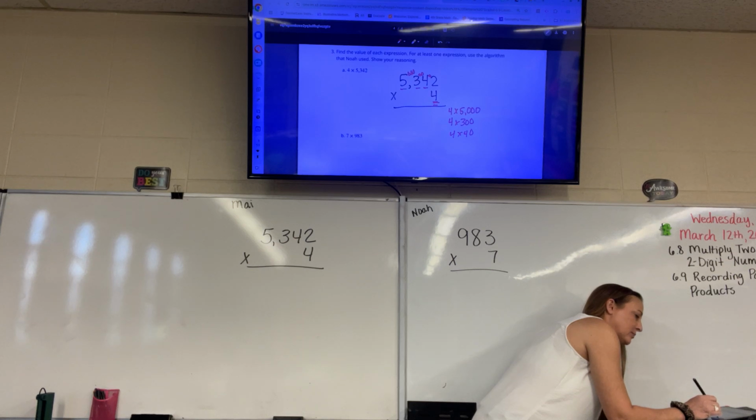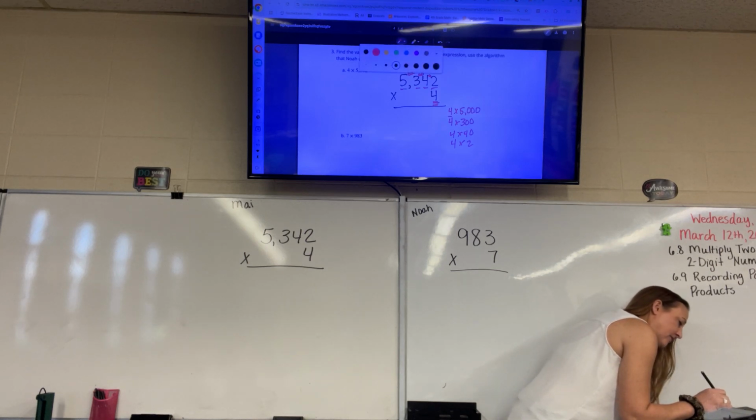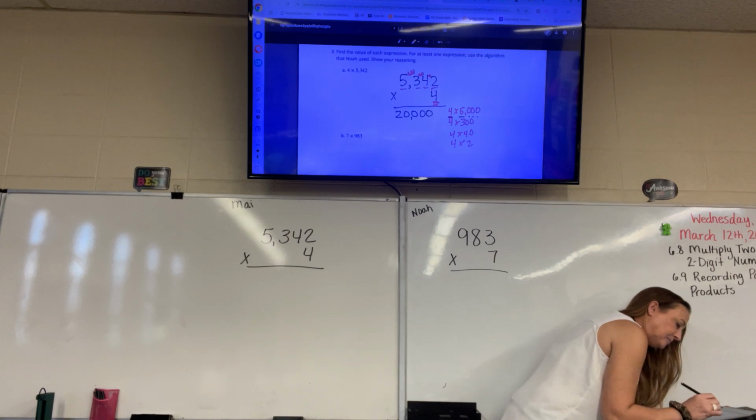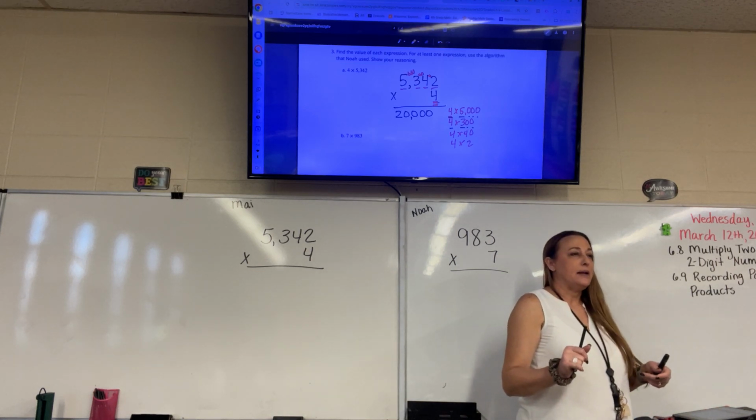And then we're going to multiply 4 times 2. So 4 times 5 is our basic fact, is 20 with 3 zeros behind it. Then we have 4 times 3, which is 12 with 2 zeros behind it.